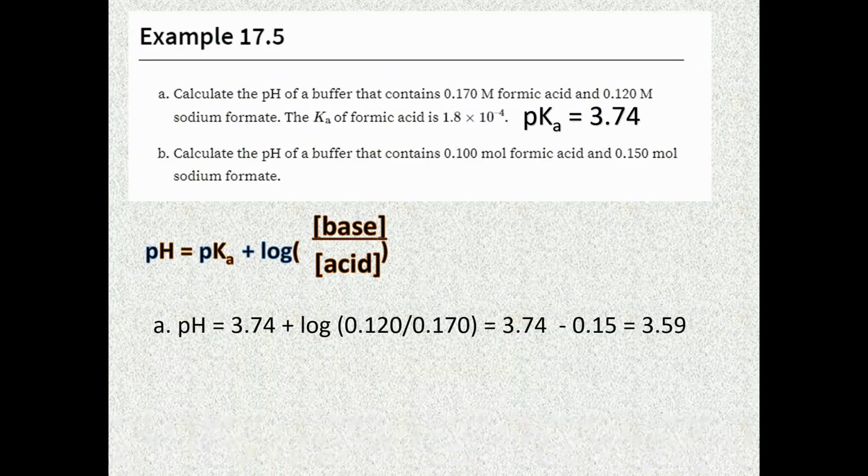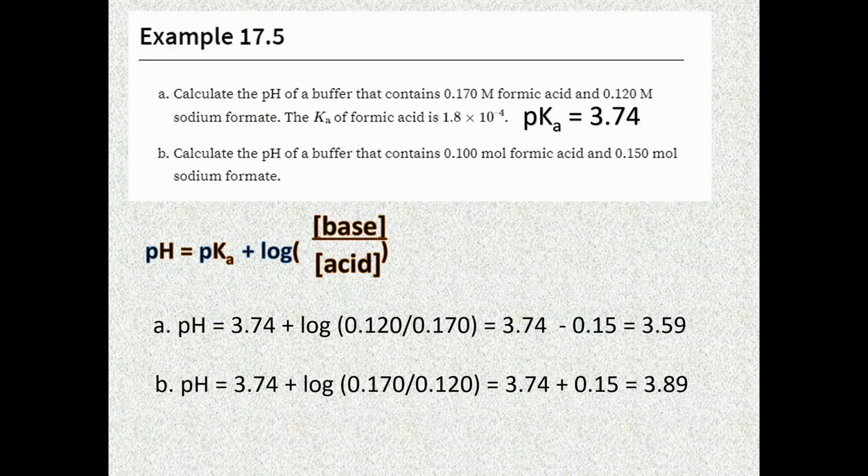If I have 0.1 molar formic acid and 0.15 molar sodium formate, then my pH becomes 3.74 plus the log of, okay, I did this on purpose. I know it says 0.1 and 0.15, but I put the same numbers in, I just swapped them because I wanted you to see something. So that is why it doesn't say 0.15 and 0.1.